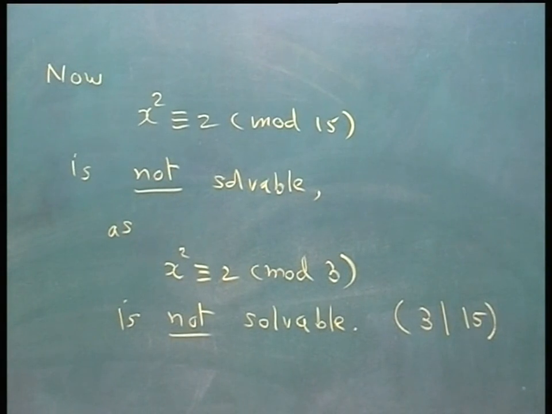So the Jacobi symbol is a generalization of the Legendre symbol, but the basic property is not satisfied.